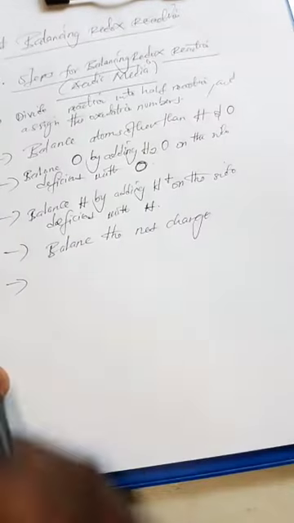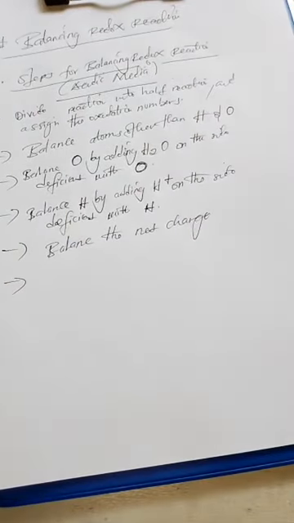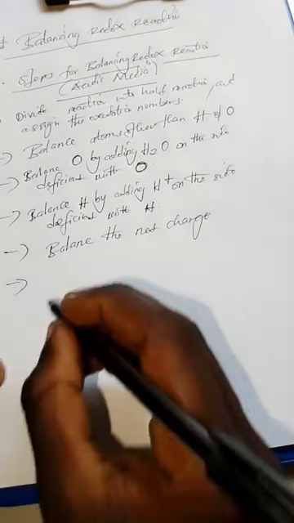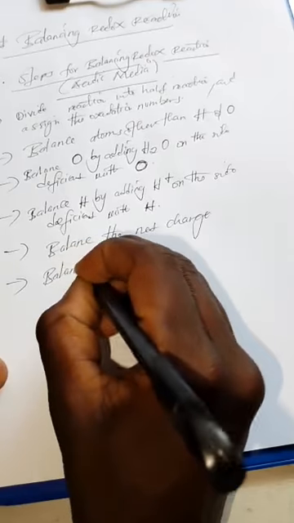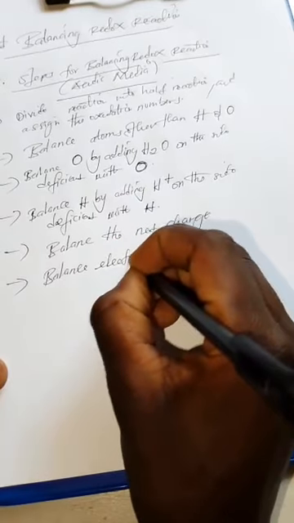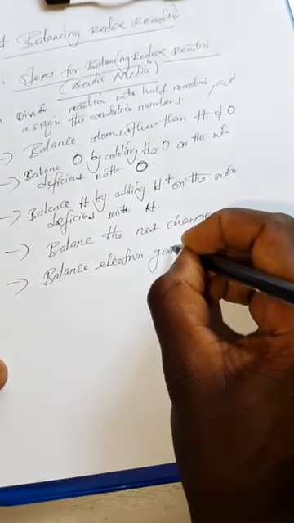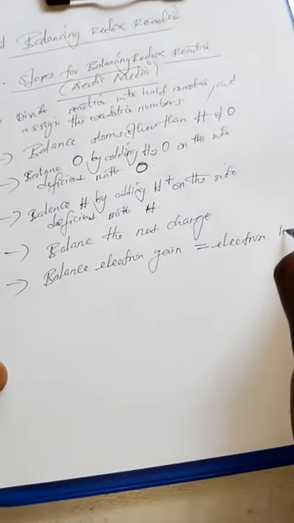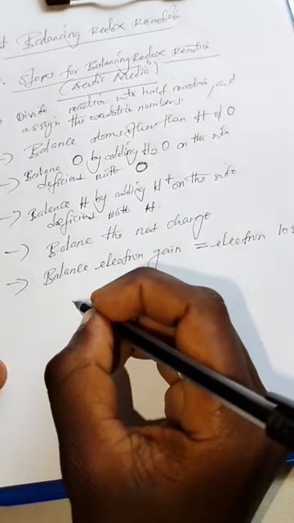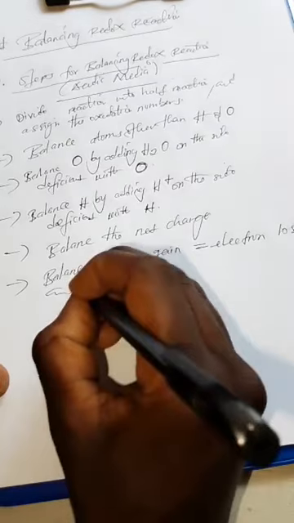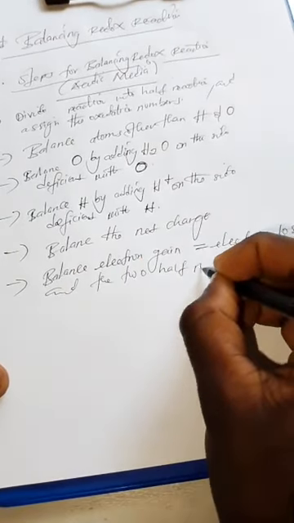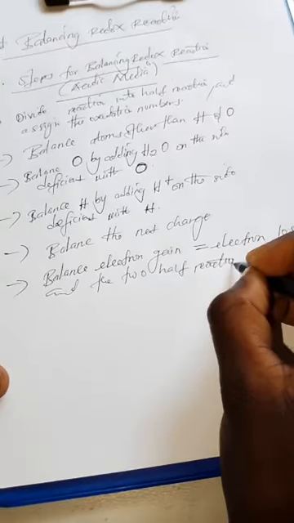Step 6, you need to balance the electron gain, which should be equal to electron loss, in the two half reactions. Balance electron gain being equal to electron loss in the two half reactions.